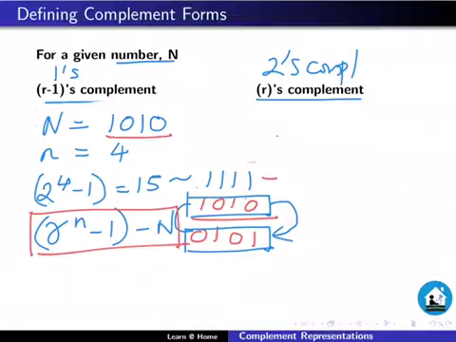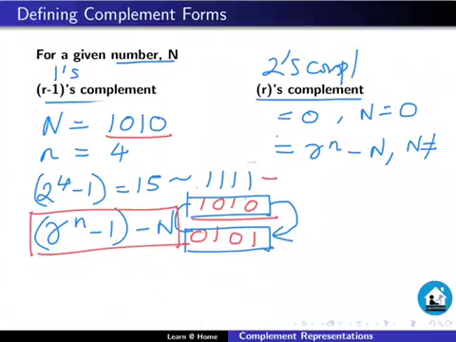The r's complement is defined like this. It is equal to 0 if N is equal to 0, and it is equal to r raised to n minus N, for all N not equal to 0.